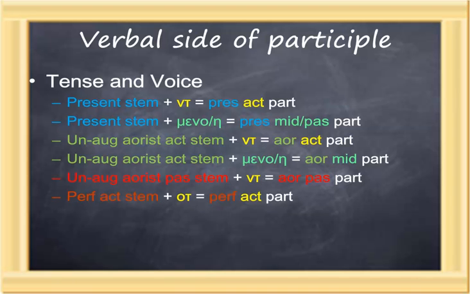The perfect active gets its perfection from the perfect active stem, its participial and active form from the participle morpheme omicron tau. And the perfect middle passive participle gets its perfection from the perfect middle stem and its identification as a participle and its middle or passive form from the morpheme mena mene.